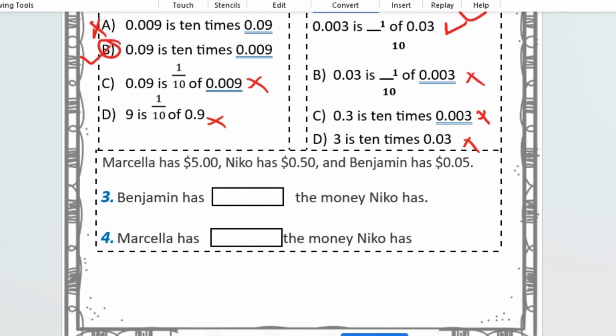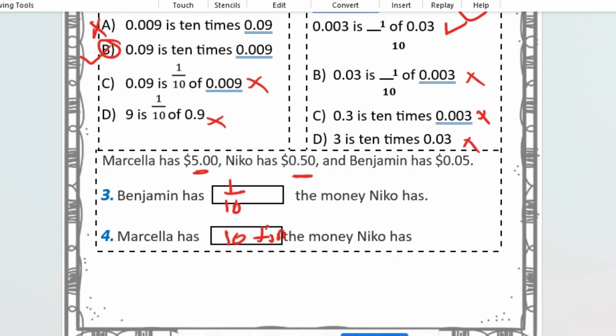Of course, it's 1 out of 10 because Nico has 10 times as much. Okay, and Marcelia has how many times as much money as Nico? She has $5. He has 50 cents, so she has 10 times.